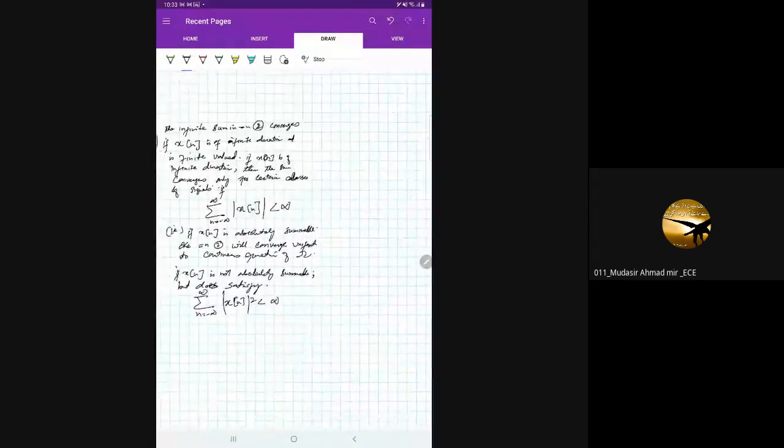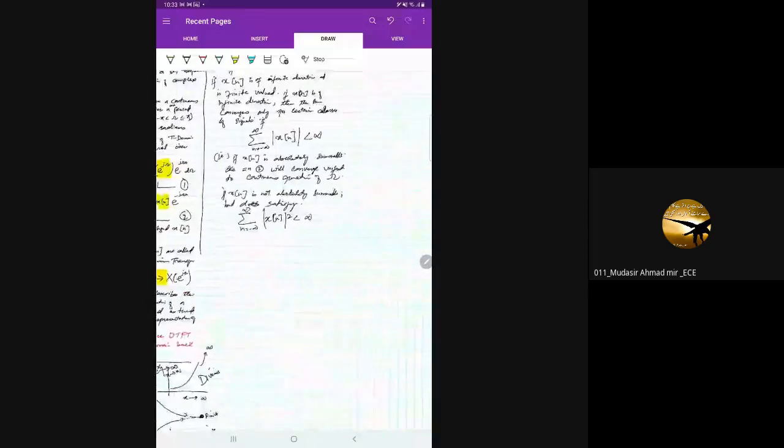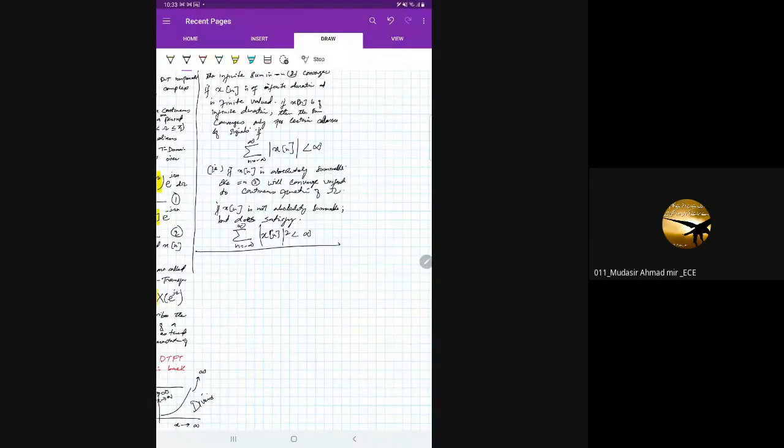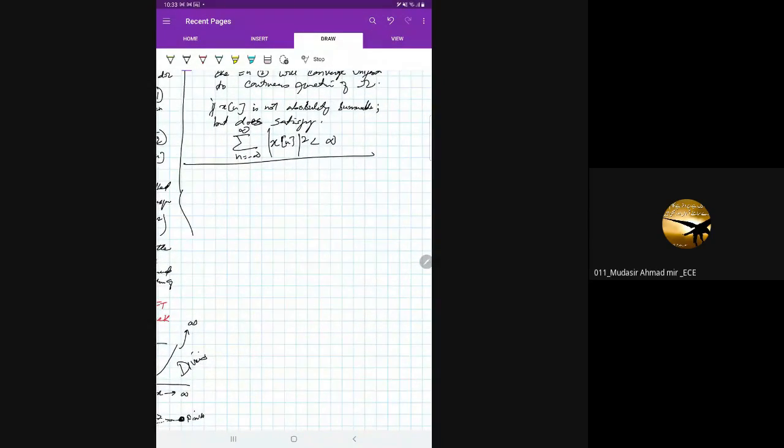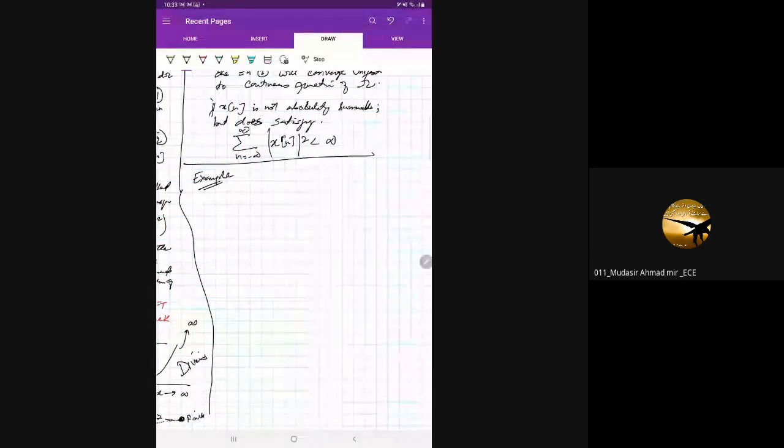ठीक है, मैं इसका एक example करते हैं that will help us in giving a better picture of what we have discussed. If we will try to find the Fourier transform, I'll write an example here. This is an example. So I want to determine the discrete time Fourier transform.